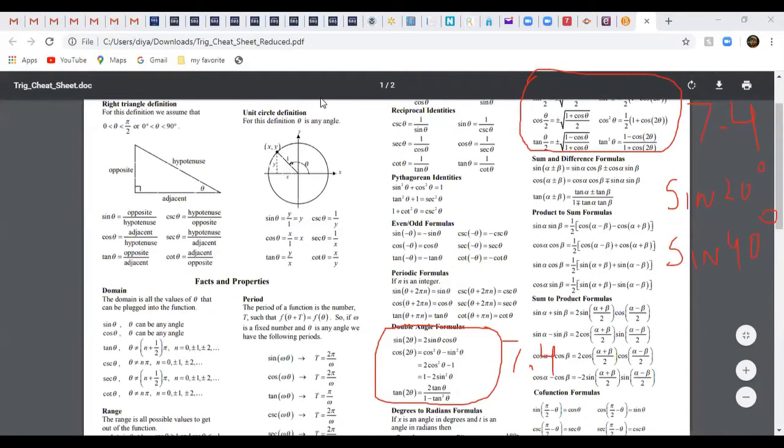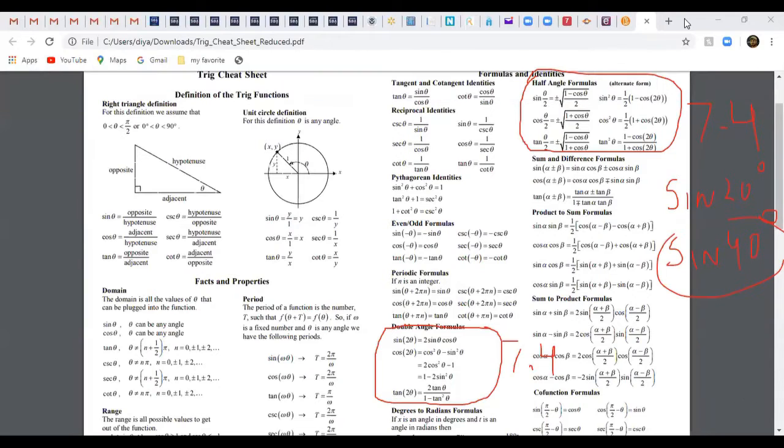I'll go to the examples and show you how we use these double angle identities and half angle identities. Before we go there, I expect that you all have your cheat sheet, the formula sheet, with you, and you know where the double angle formulas and the half angle formulas are. Whatever is marked in red is your chapter 7.4, and whatever is marked in blue is what we have done in chapter 7.3.